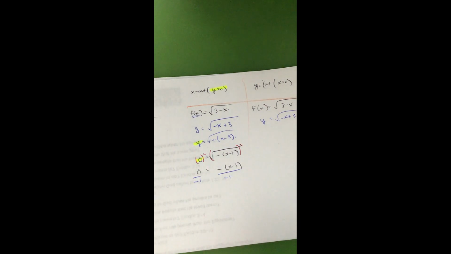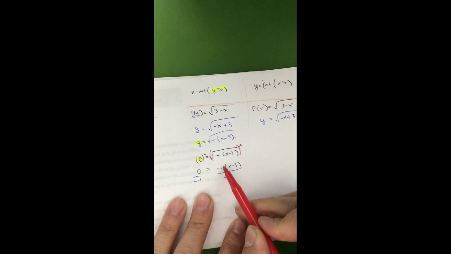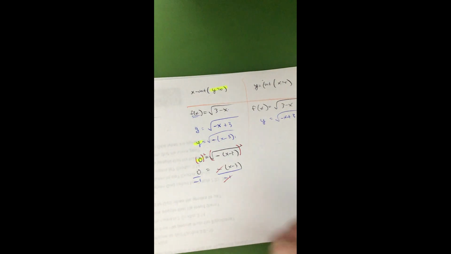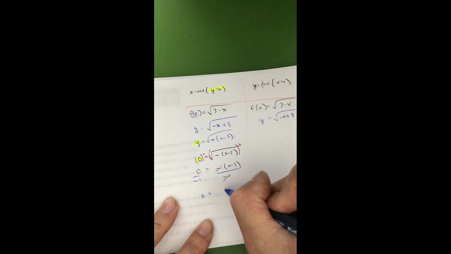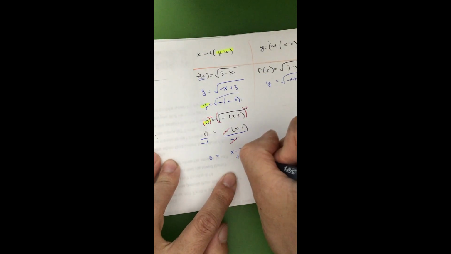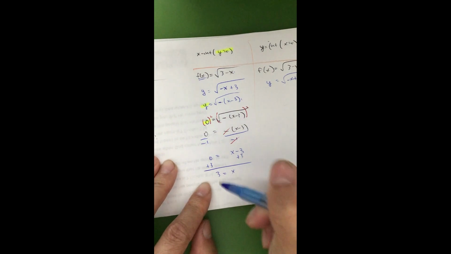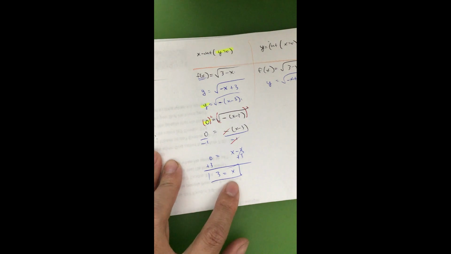What that's going to do is cancel this negative sign, which is really an invisible 1 there, so that's gone. And 0 divided by anything is 0. So you're left with parentheses x minus 3, and you don't need those parentheses anymore. And then we'll just add 3 here. So I get x equals 3. Right, that's 0, and that's 3.